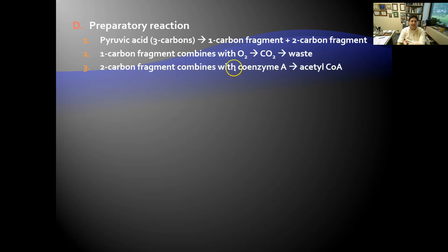The 2-carbon piece is picked up by a coenzyme called coenzyme A, and together it's called acetyl-CoA. Now, all this acetyl-CoA does is it's going to transition to the next step. It's sort of a preparatory reaction or transitional step.